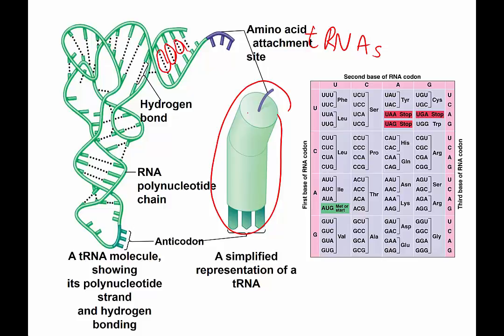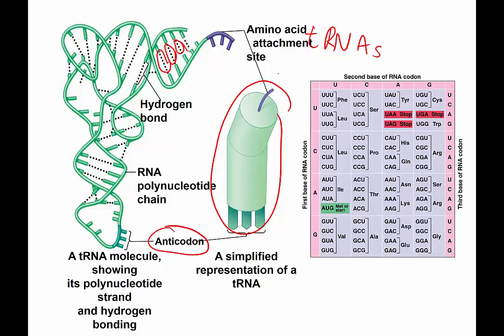So really, tRNAs do the function of translating. So they take that RNA message and convert that into amino acids. And so they need two major parts to do that. They need the anticodon and the amino acid attachment site. So the anticodon right here binds to the RNA or messenger RNA. So these tRNAs understand the language of the messenger RNA. Attached to each tRNA is also an amino acid.